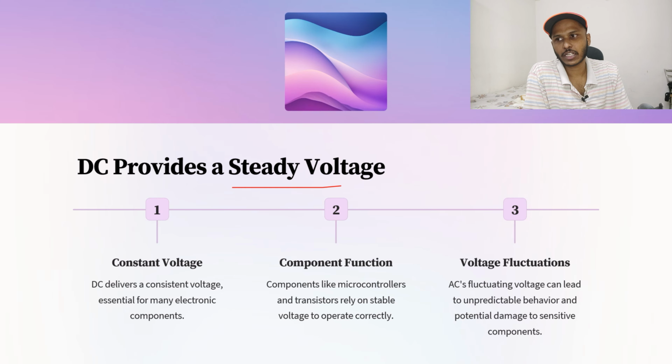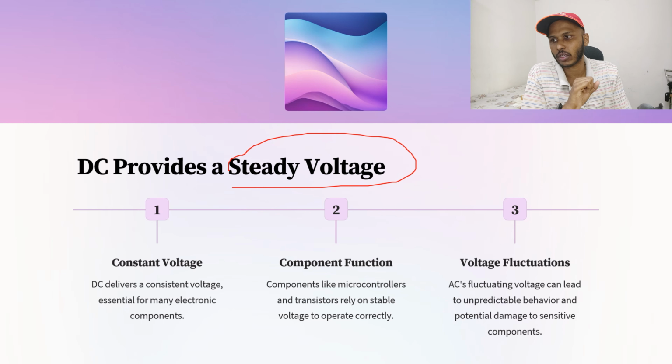So DC provides a steady voltage, so there is no confusion regarding that. DC provides a steady voltage, and that is the first reason why we are not using AC. DC delivers a consistent voltage, essential for many electronic components. So we know there are many electronic components, basic things like resistors, capacitors and LEDs.